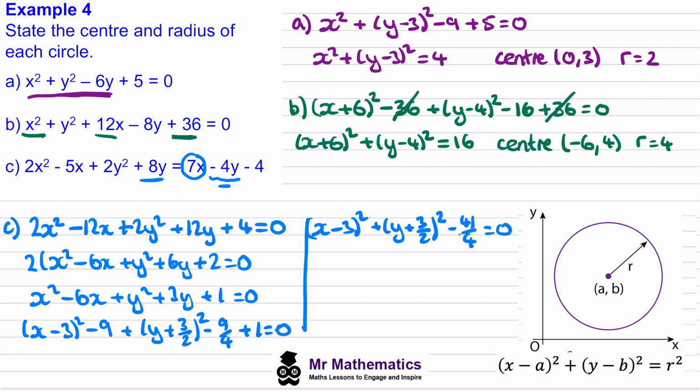So finally, we'll move this term to the right-hand side. Plus y plus 3 over 2 squared will equal 41 over 4. So we can see our centre is at 3 on the x-axis, and minus 1.5 on the y-axis. And the radius will be the square root of 41 over the square root of 4, which is 2.